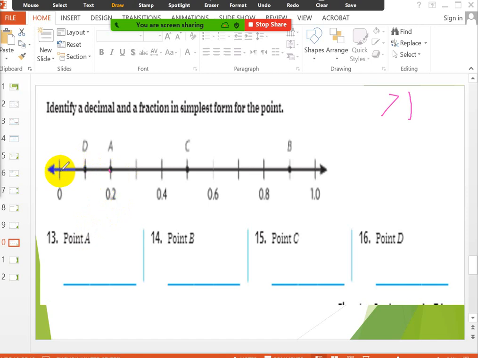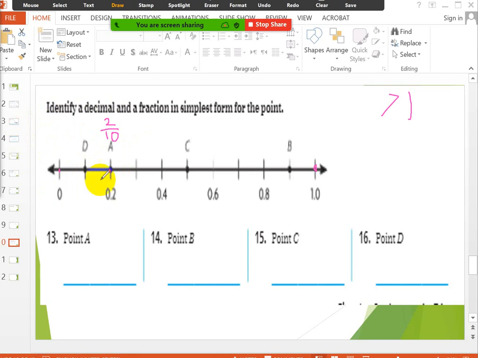First thing, girls, if you want to write it as a fraction, the easiest thing is to write 2 over 10, right? You can write it 2 over 10. But is this the simplest form for this fraction?